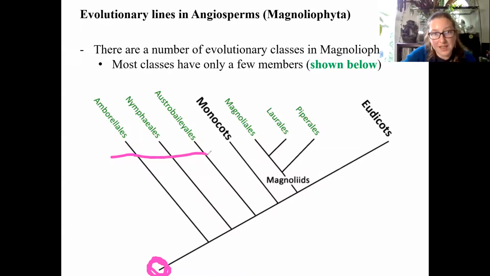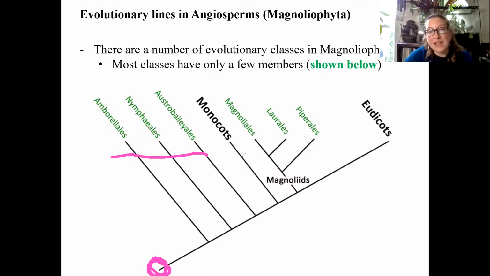So things like this are kind of on their way to becoming either a monocot or a dicot. That's one way to think about it. That's why they might have different combinations of these things, because they are older in evolutionary time and on their way to, yeah.